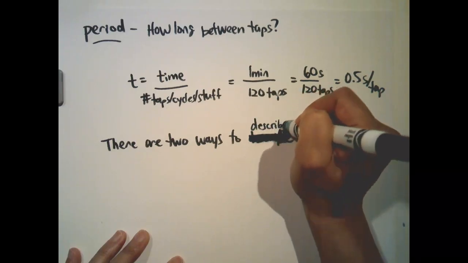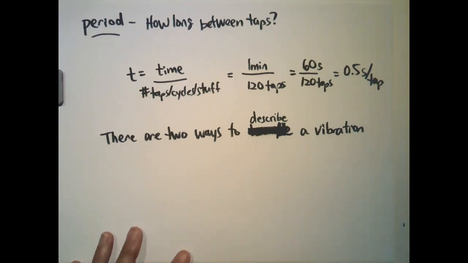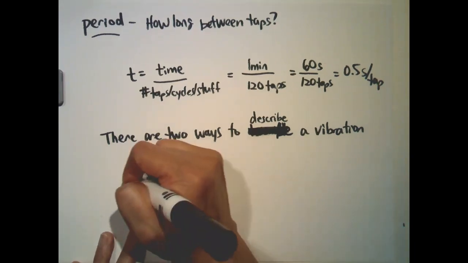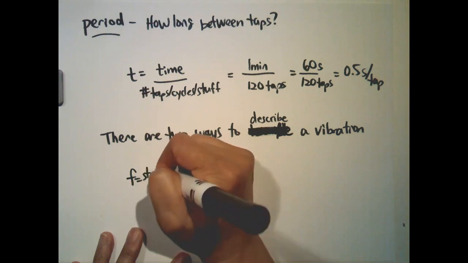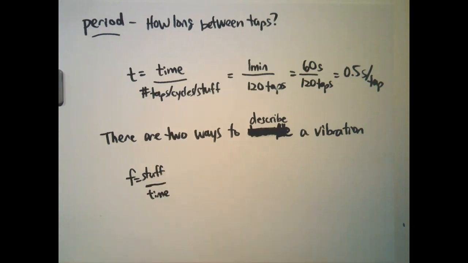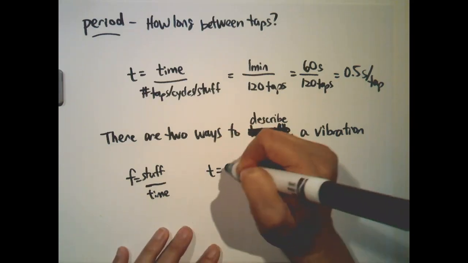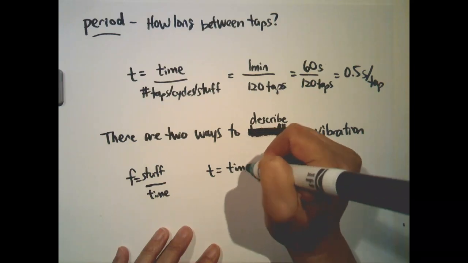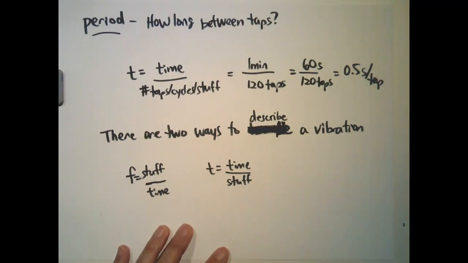There are 2 ways to describe a vibration. One of them is frequency. Frequency here, again, is the number of stuff over time. It could be taps, or cycles, or vibration of the paper back and forth. And then the other type is time over the number of stuff that you're doing, that repetitive motion.